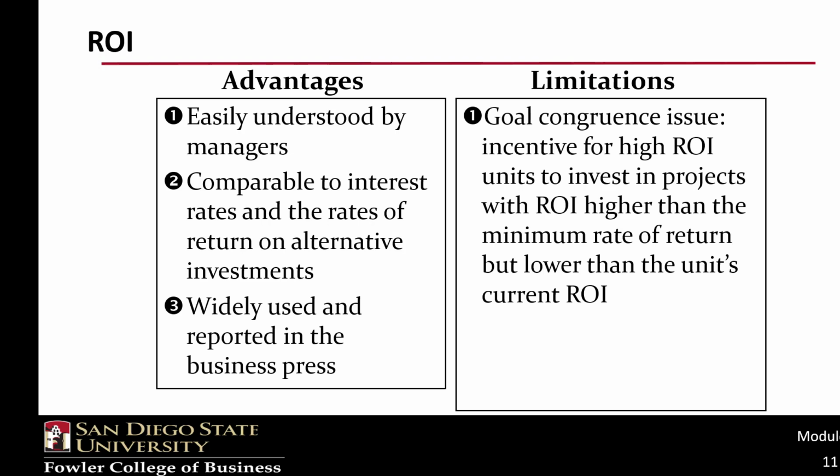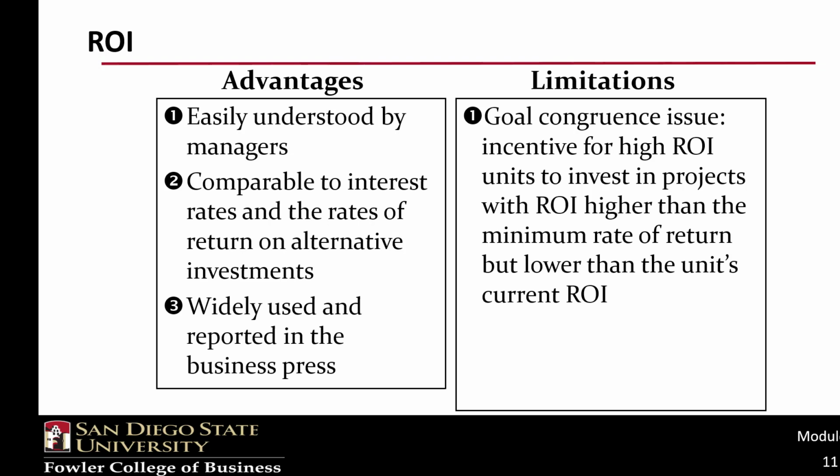So some of the limitations are related to goal congruence. The incentive for high ROI units is to avoid investing in projects with an ROI that's higher than the minimum rate of return but lower than the unit's current ROI. Let me give you an example. Let's say that as a business across the board, broadly, you say, we want to make 10%.